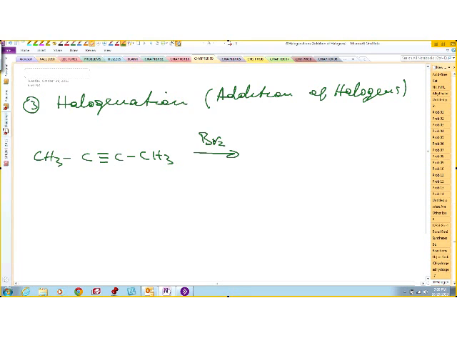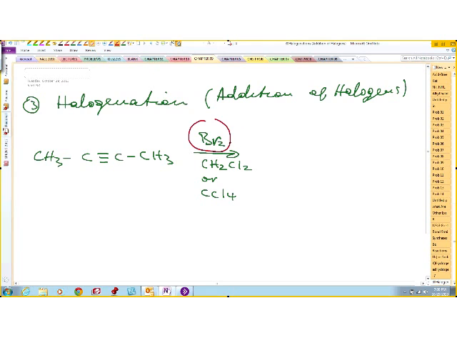Don't forget, very often we use a solvent for this, either dichloromethane or carbon tetrachloride. These are just solvents. The most important reagent here is this here.